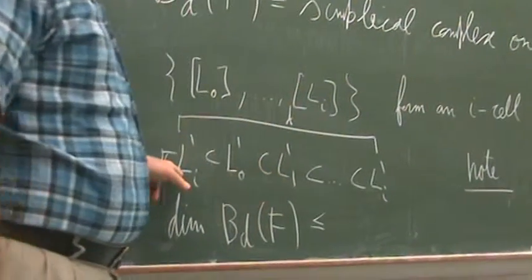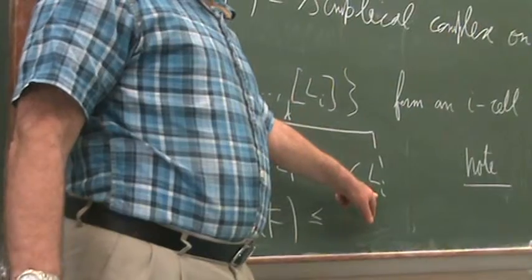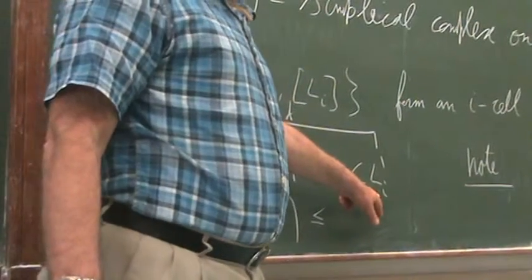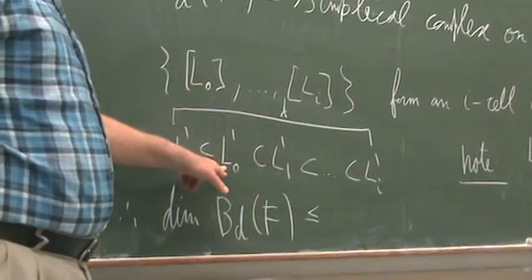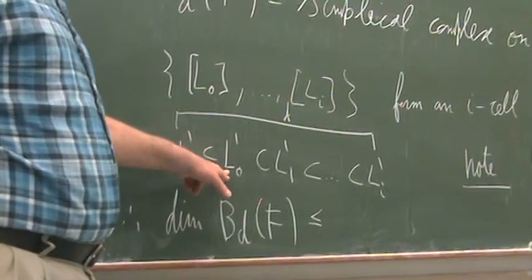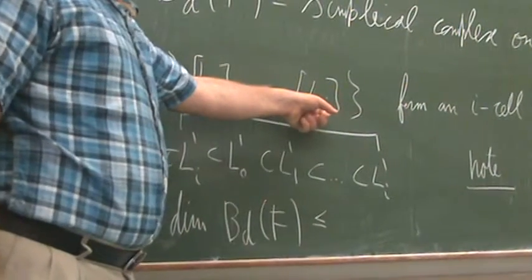But this one is not counted, because this lattice is equivalent to this lattice by definition. This lattice is equal to this lattice times pi. So the total length is at most D. So I is at most D.